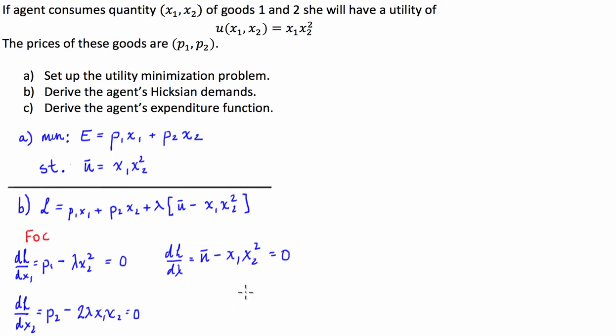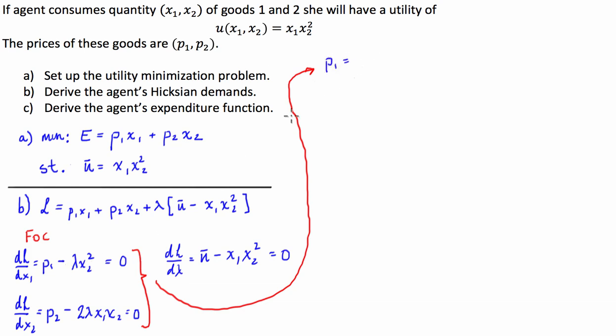So what we're going to do from here is use these two first order conditions to eliminate lambda. Now we're going to put them both in terms of price 1 and price 2. So we're going to have price 1, we'll take the lambda x2 squared over the other side.